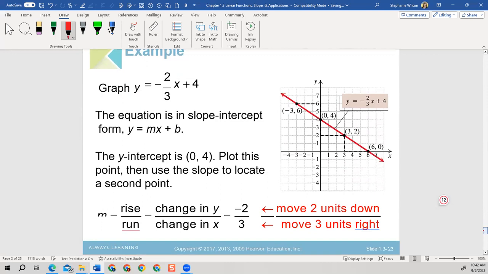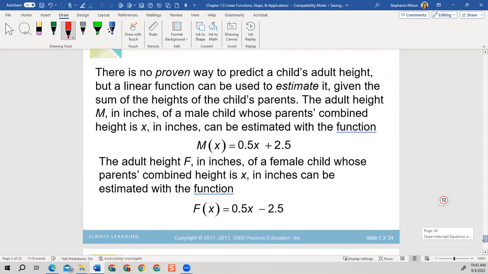Okay, so this one here says since the y value is negative, we move down, right? Down 2, and we move to the right 3. If the y value was positive, we would move up and still move the x value to the right. And here is some more notation.